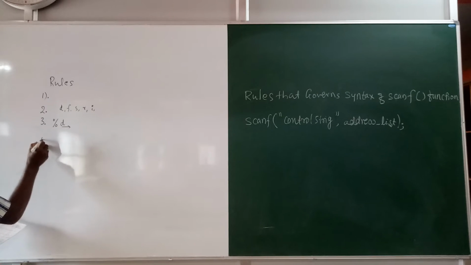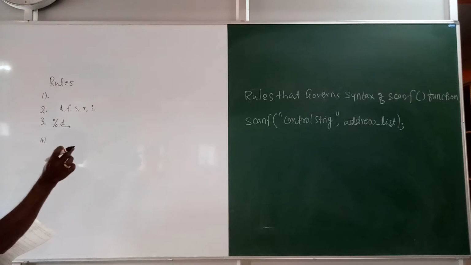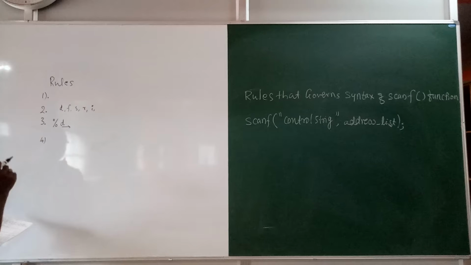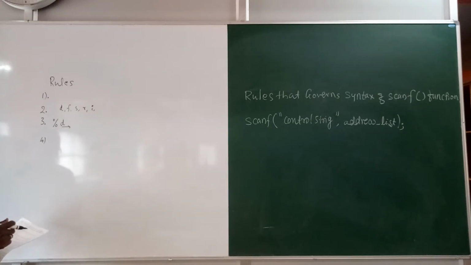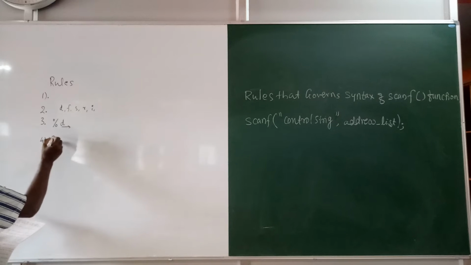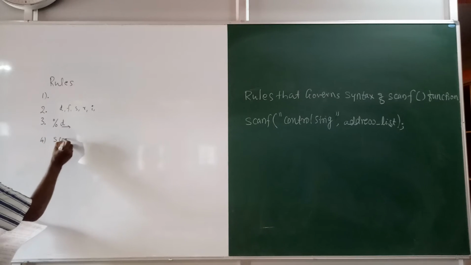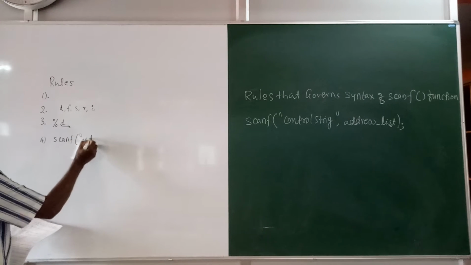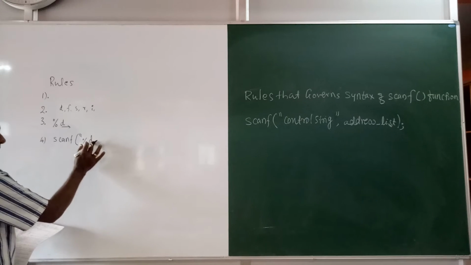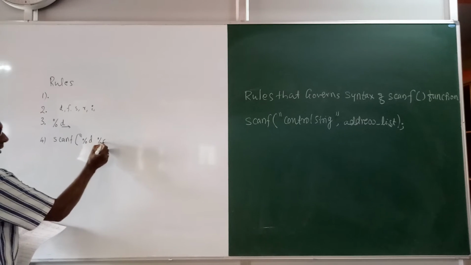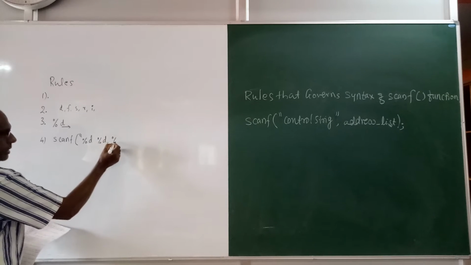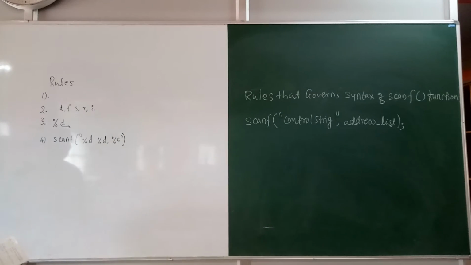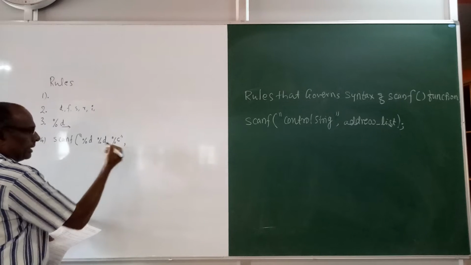Rule number 4: what is to be written in the control string, that is the double quotes we are discussing. Multiple character groups can be allowed within the double quotes. Here is scanf, this is the parenthesis. Here this is %d, say a comma or a space, then %d, then %c, like this.